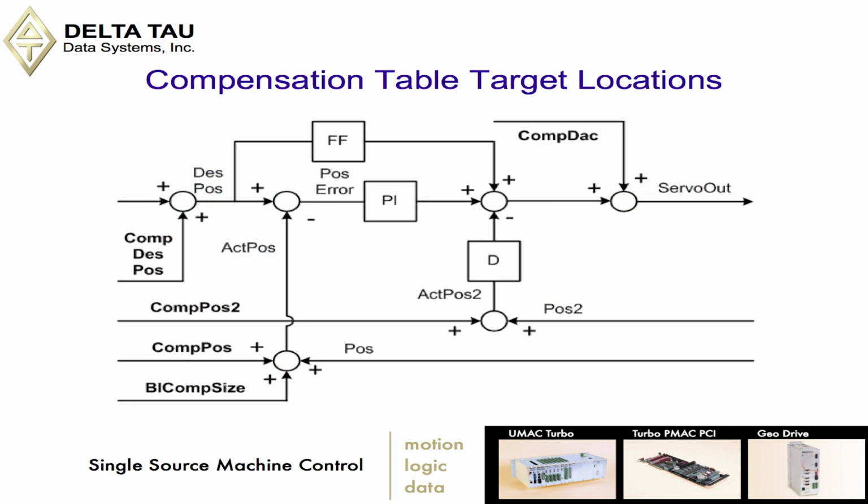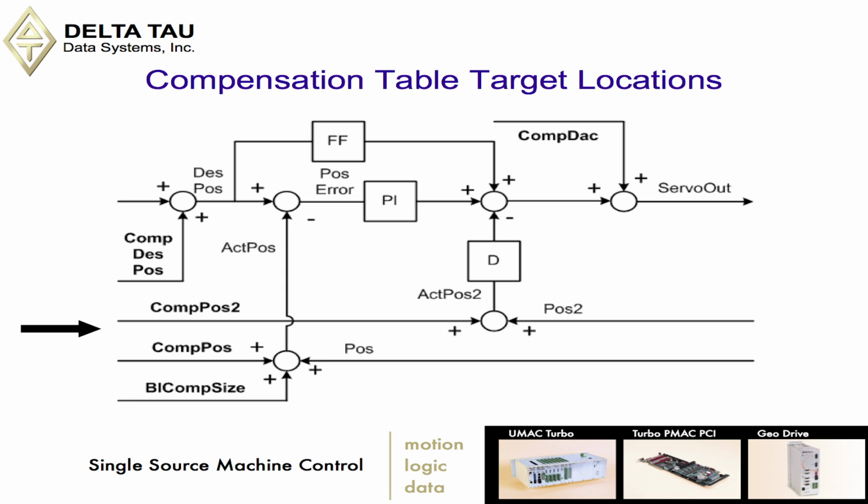So here's a look of where these show up in the PMAC PID loop. So we can see here, here's comp desired position. So that's like a commanded position input into the PID loop. Here's comp pos and comp pos 2. So there's compensating the actual position.